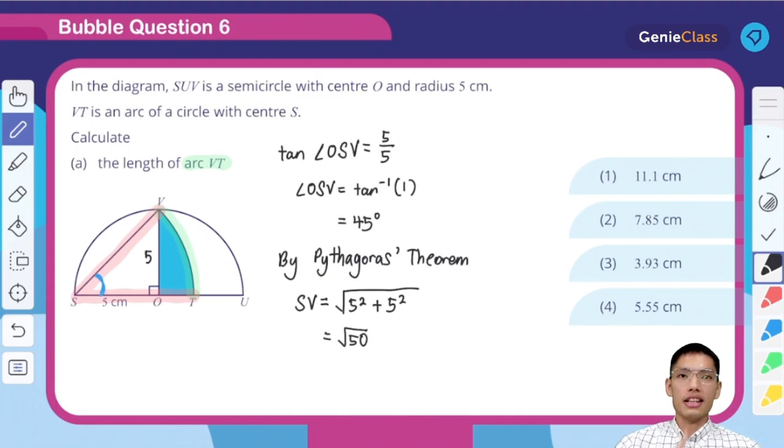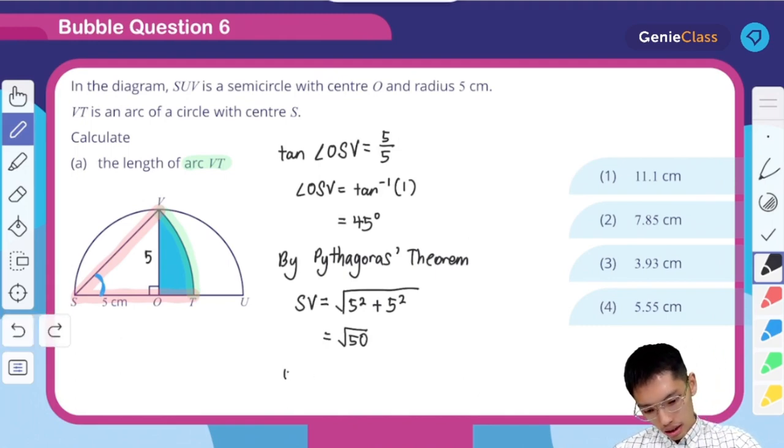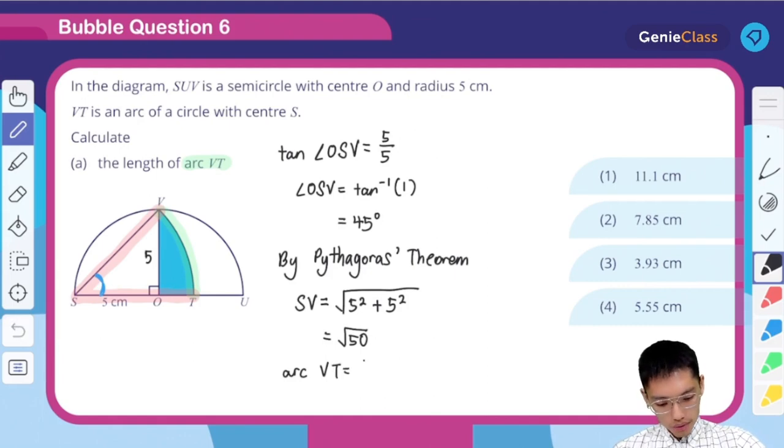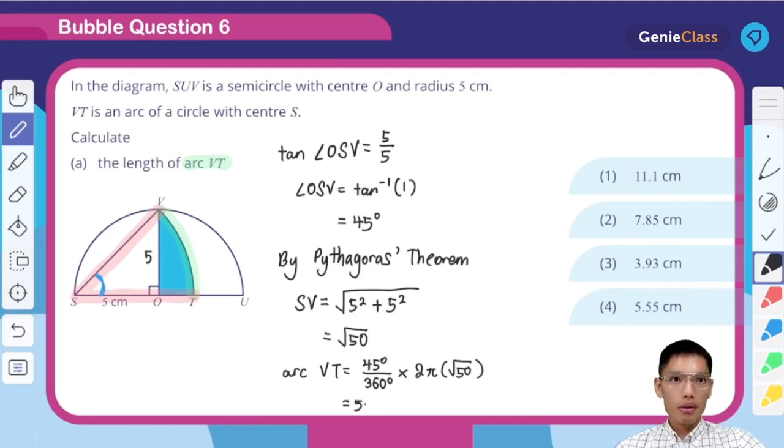Okay, lastly, that's where we use the arc formula. I have arc for VT, alright? It's again the proportion, which is 45 degrees over 360 degrees multiplied by 2 pi r. And that is where we get the answer, 5.55.